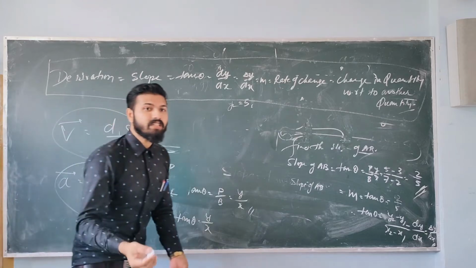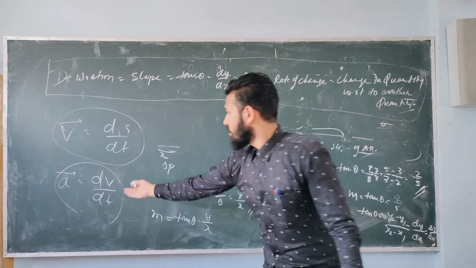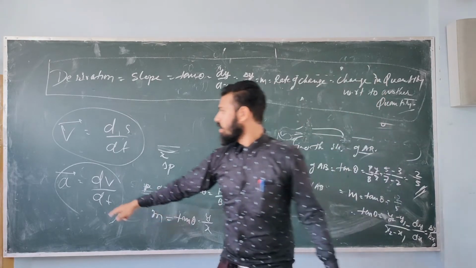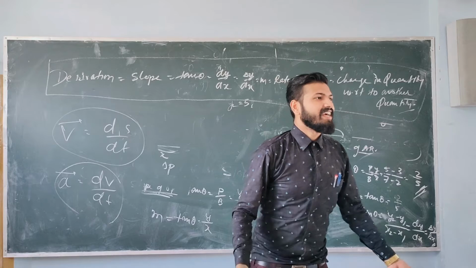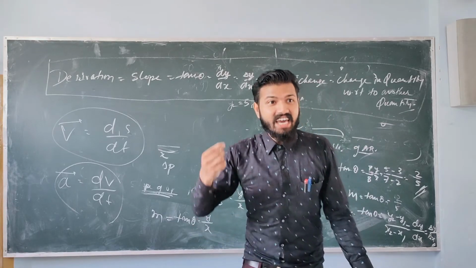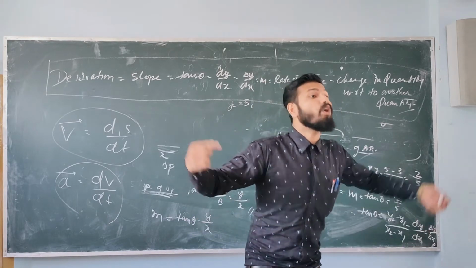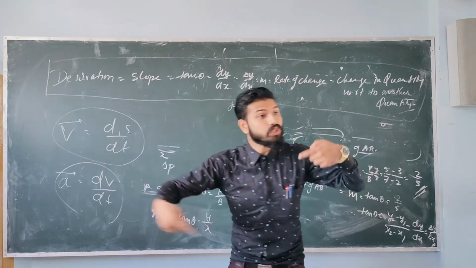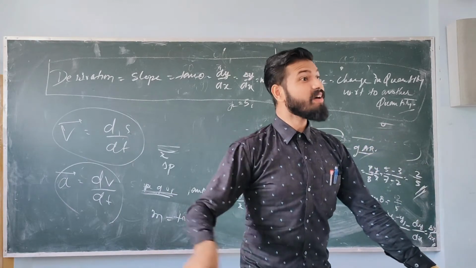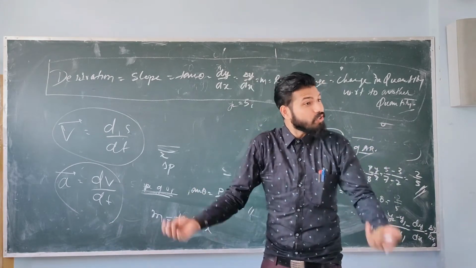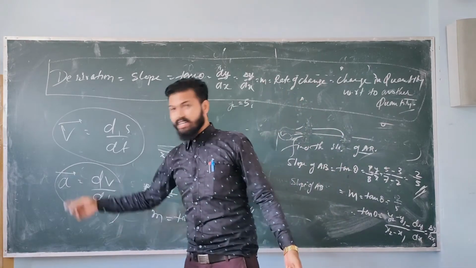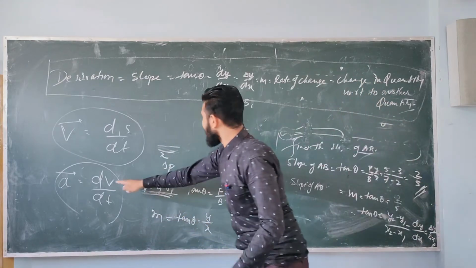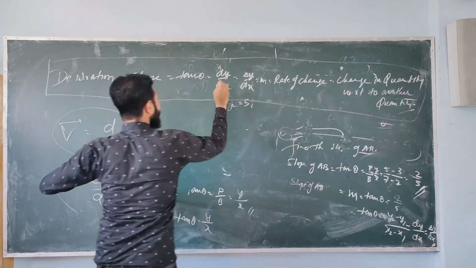Acceleration is the derivative of velocity with time, or we can say the rate of change of velocity with time is also called acceleration. We can also say that the slope of the velocity graph is acceleration.